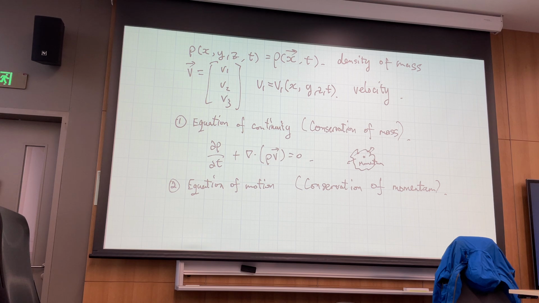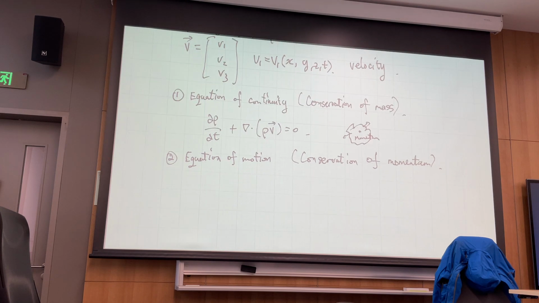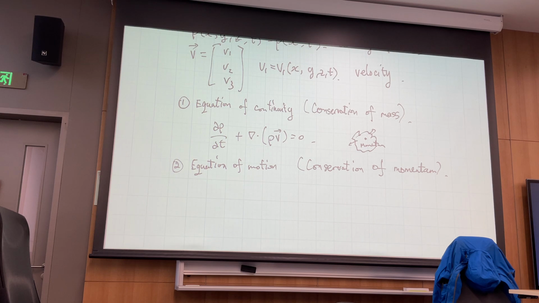And we also derived a partial differential equation about the velocity, which reads partial v over partial t, plus v dot product with the gradient of v, which equals f, the force from external source, and then minus.